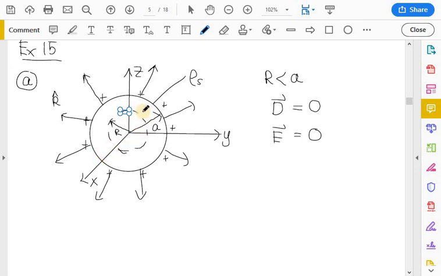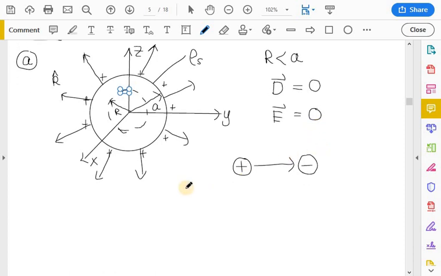But for this question, there is no charge inside, so there is no reason for the flux line to terminate inside. Do you still remember this concept? The flux line terminates at a negative charge, and inside here there is no negative charge. So the flux lines won't terminate here because there is nothing here. So here, no flux line and no electric field. This is the reason.